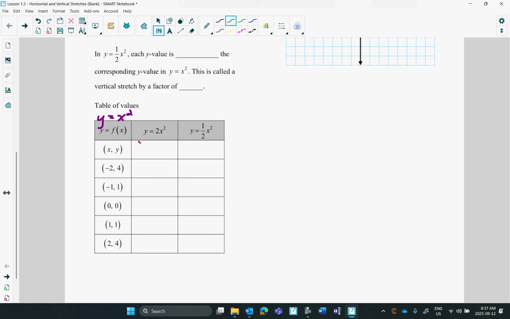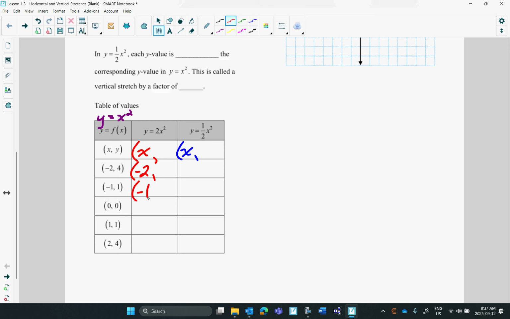So remember, the x values are not changing. So when I create these two new graphs, all the x values are going to stay the same. So this is still going to be -2 for x, but y is going to change.